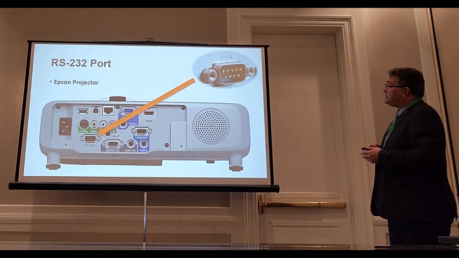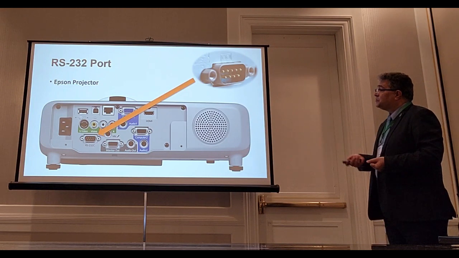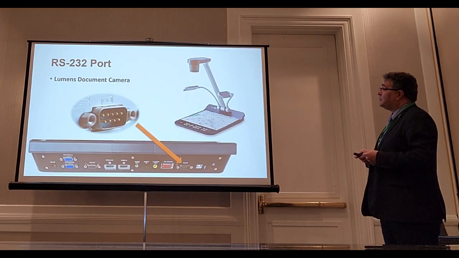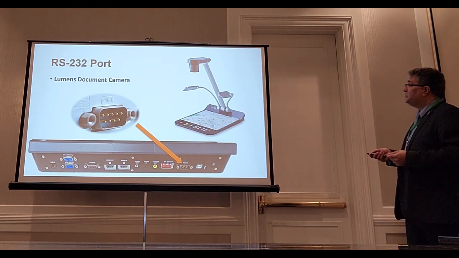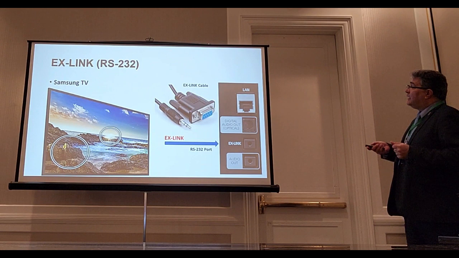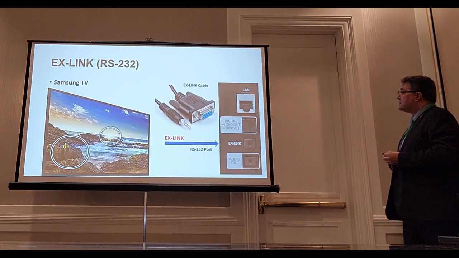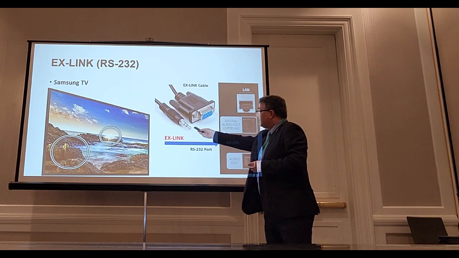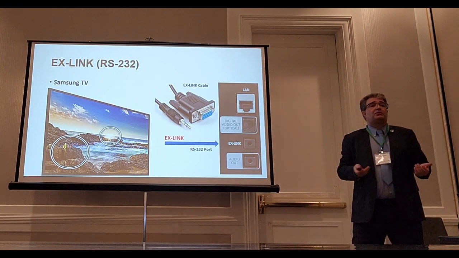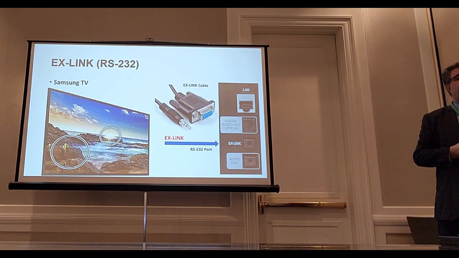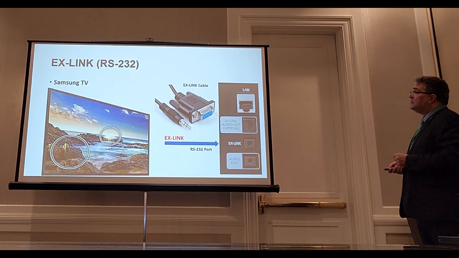So, as you see here, it's a projector like this one, where you see the serial communication port available. On the DAC camera, it is also available, different sorts of cameras. On TV, it's called X-Link, which is a 3.5 jack port connected to the RS-232 X-Link connection, and you can remotely control the TV, turn it off, change the output audio and everything.